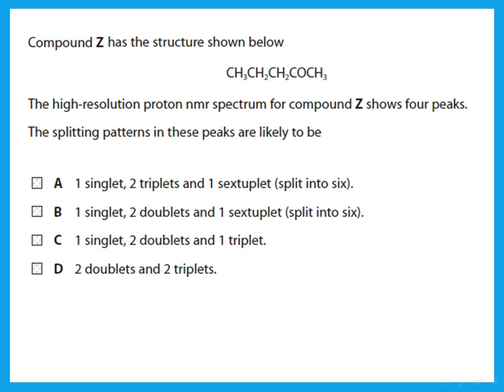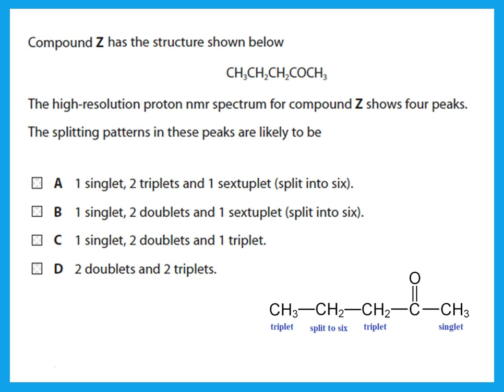Compound Z has the structure shown, and he's saying the high resolution proton NMR shows 4 peaks. What are the splitting patterns for this? So this is the molecule. How will the proton NMR be split? Well, you can see that splitting depends on my neighboring carbon. So the CH3 on the right is next to a carbon that doesn't have any hydrogen, so that will give a singlet.